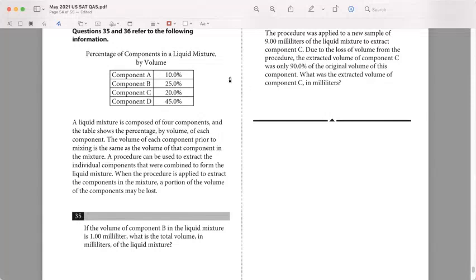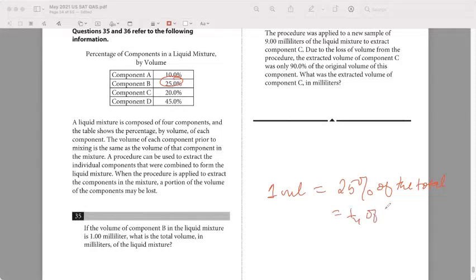So we are being told that 1 milliliter is 25% of the total, right? Which means 1/4 of the total. So if 1 milliliter is 1/4 of the total, then the total volume in milliliters would be 4. So 4 is the answer for this.